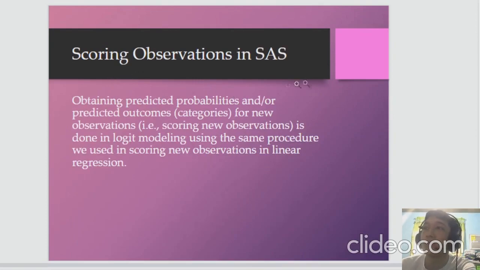Storing observation in SAS. Obtaining predicted probabilities and predicted outcomes. For now, observation example, scoring new observations. That is done in logit modeling using the same procedure we use in scoring new observation in linear regression.